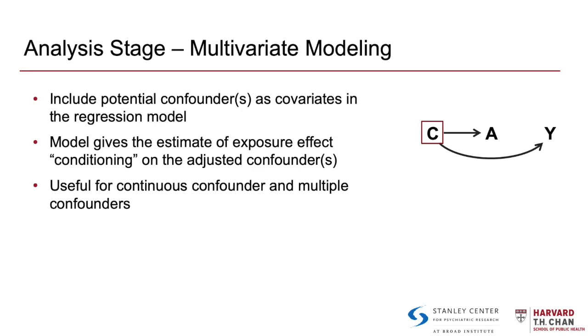The second type of analysis stage tool that we use is multivariate modeling. This is something that we'll talk about in biostatistics and in our course. You would use a multivariate regression analysis. This is the easiest, but understanding the rationale or the approach behind why we do this is important. The way you do this, you include the potential confounder as a covariate in your regression model.